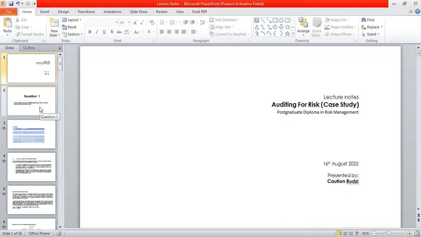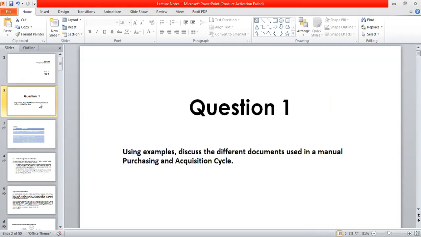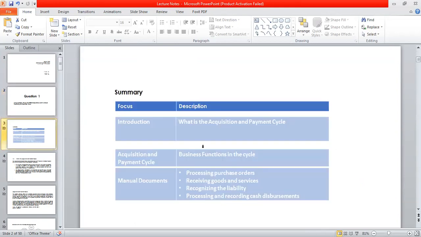So the question one is, using examples, discuss the different documents used in the manual purchasing and acquisition cycle. So in this question, we are going to focus on three main things. Our introduction, where we are going to discuss what is the acquisition and payment cycle.